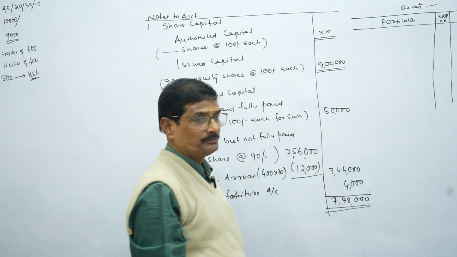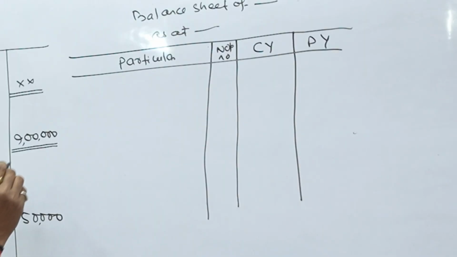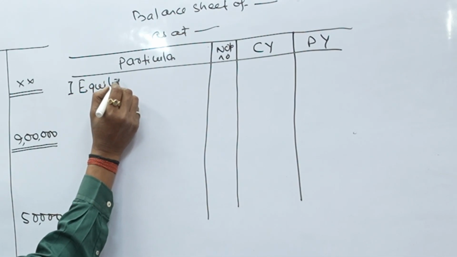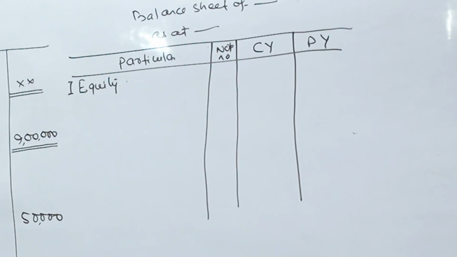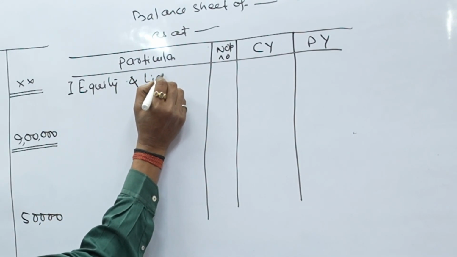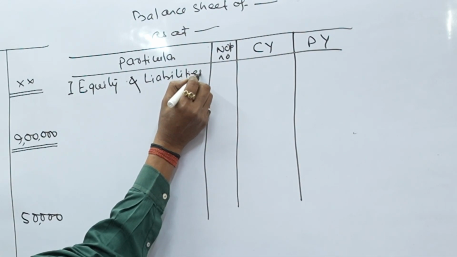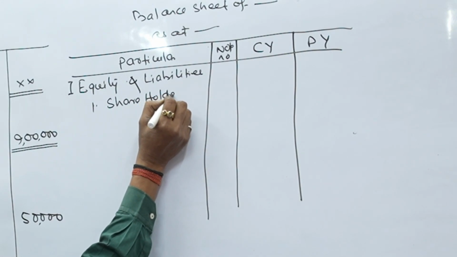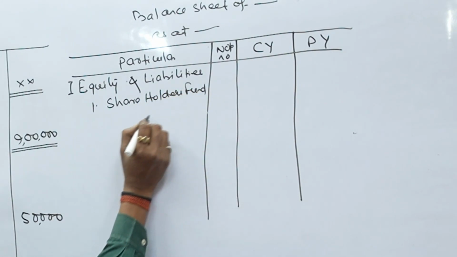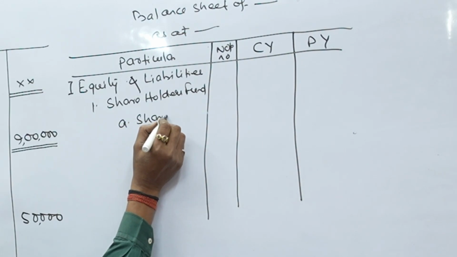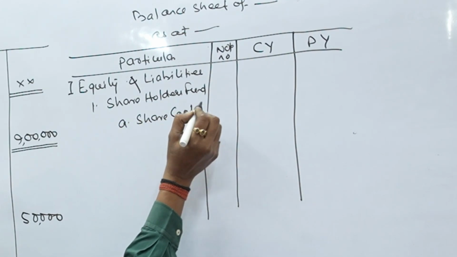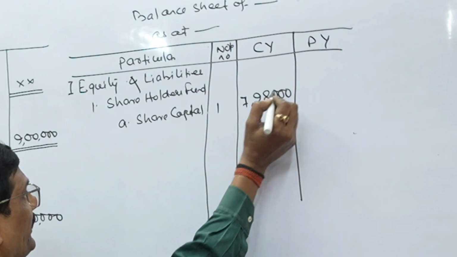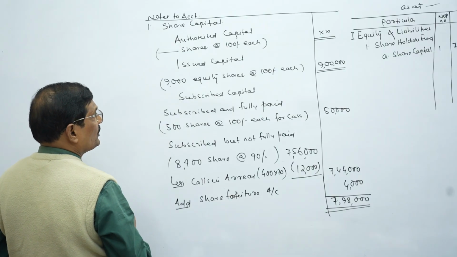Don't write as on. First one, equity and liabilities. Then shareholders' funds. Then share capital, note number 1, that is 7,98,000. We have issued 10,000.